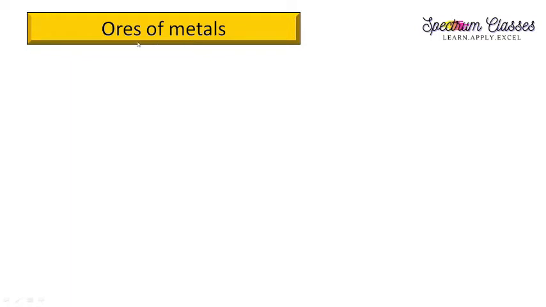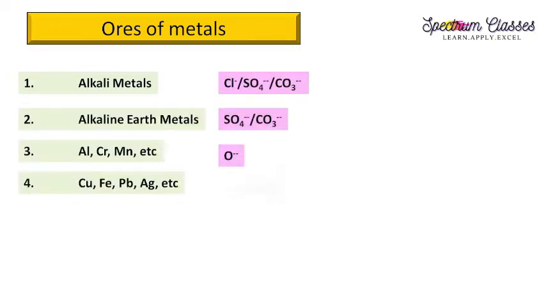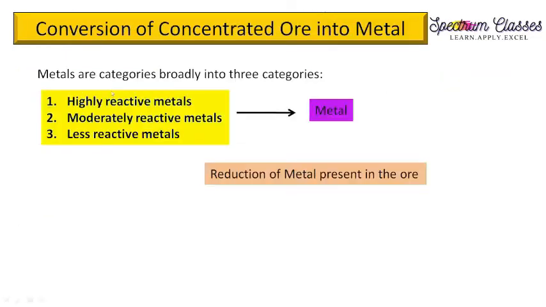In our previous videos, we discussed that metals are categorized into 5 different categories based on their ores. But in this video, we are going to discuss the broad categorization of these metals into highly reactive metals, moderately reactive metals and less reactive metals. The highly reactive and moderately reactive metals are present in their ores, whereas less reactive metals are present in their native states or in the sulfide ores.